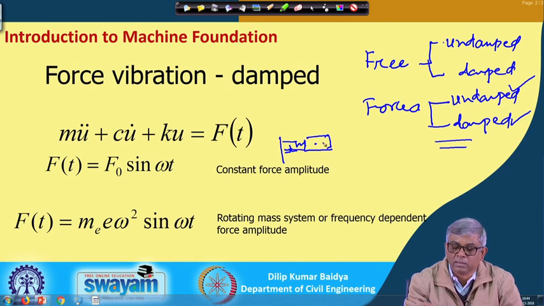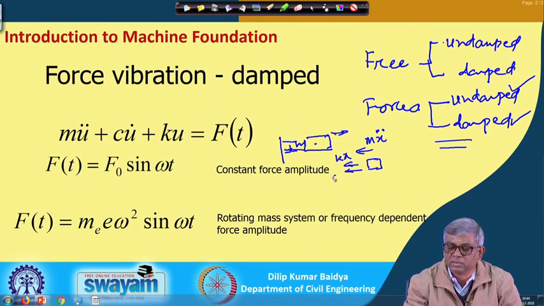If I write down the equation, considering dynamic equilibrium of this mass, if I give displacement in this direction, then the mass multiplied by acceleration will be in this direction, spring force k times x will be in this direction, damping force c times x dot also will be in this direction, and the force is acting here, suppose F t.